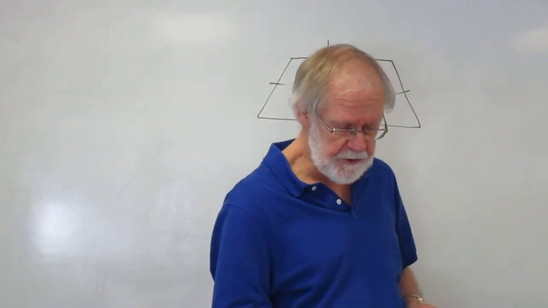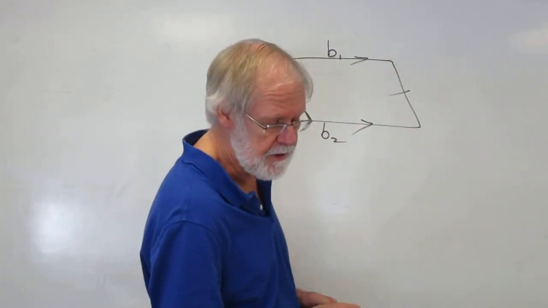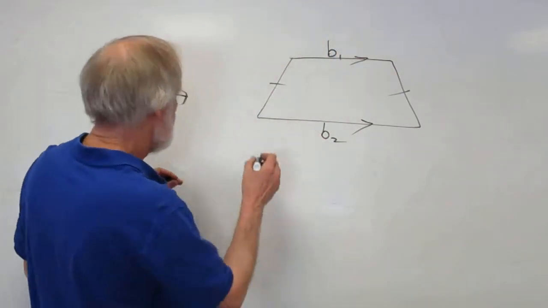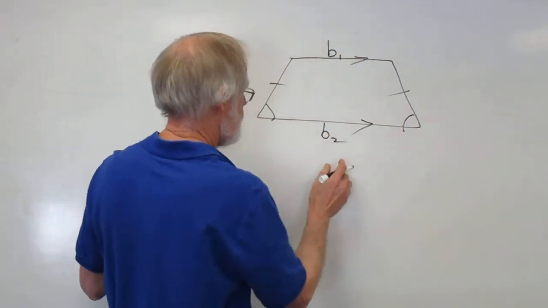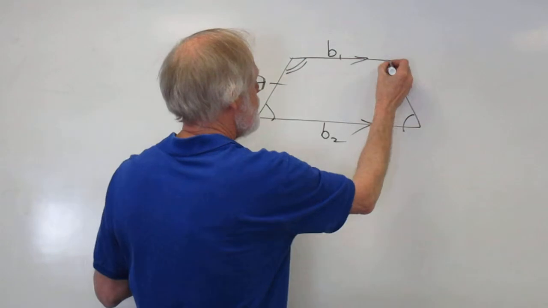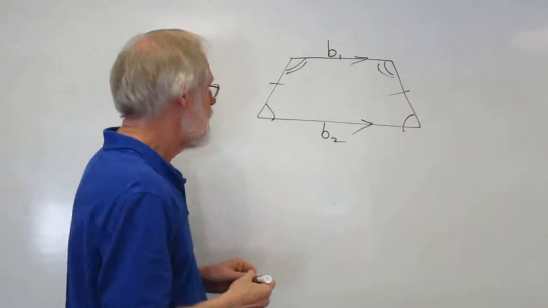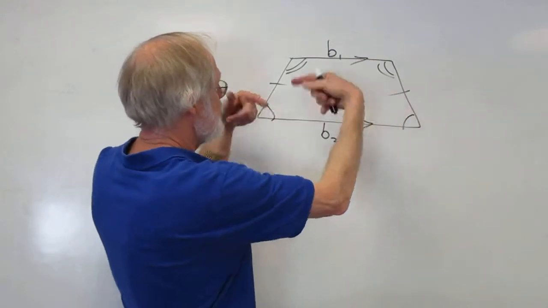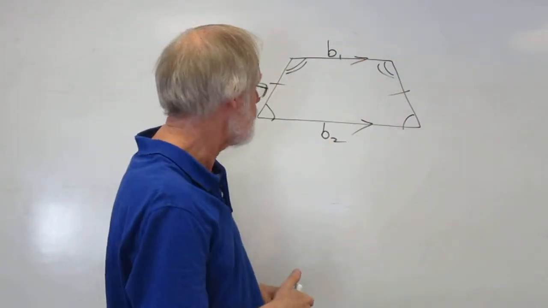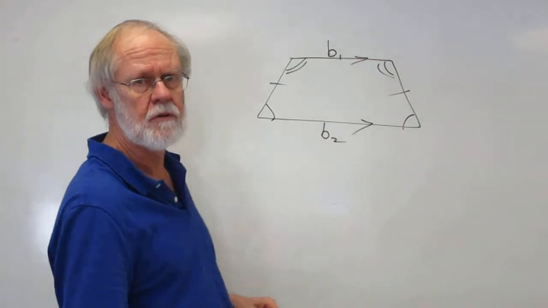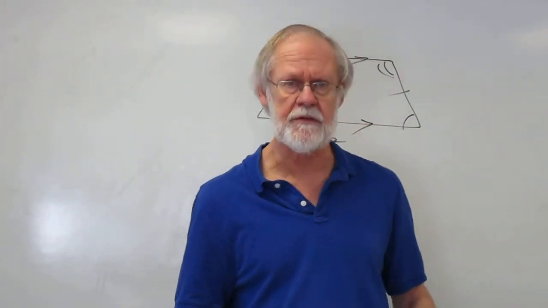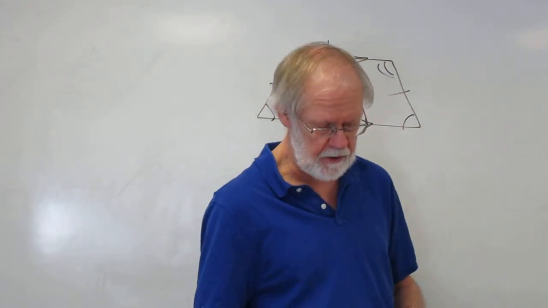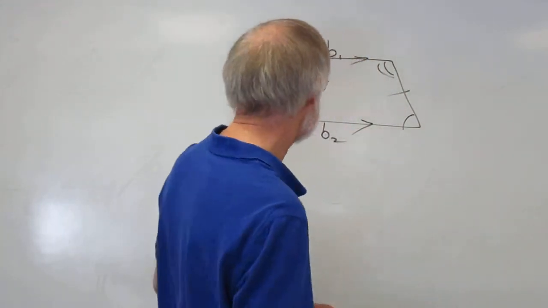If a trapezoid is isosceles, then each pair of base angles is congruent. Therefore, these two angles are congruent, and these two angles are congruent, because if you look at it this way, these two are base angles. If you turn it upside down, these two are base angles. Base angles are congruent if the trapezoid is isosceles. If a trapezoid has a pair of congruent base angles, then it's isosceles.